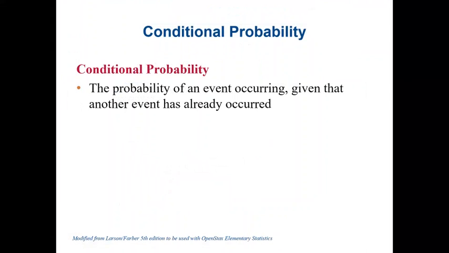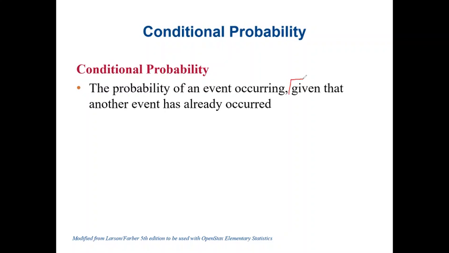One more type of probability that we will go over in this video is related to conditional probability. Conditional probability is the probability of an event occurring given that another event has already occurred. Let's take a look at some very specifics here.